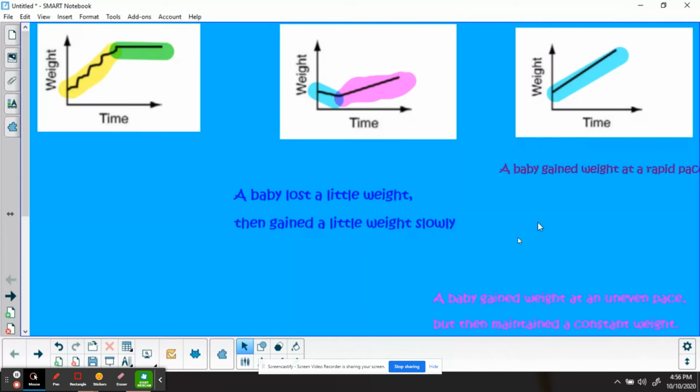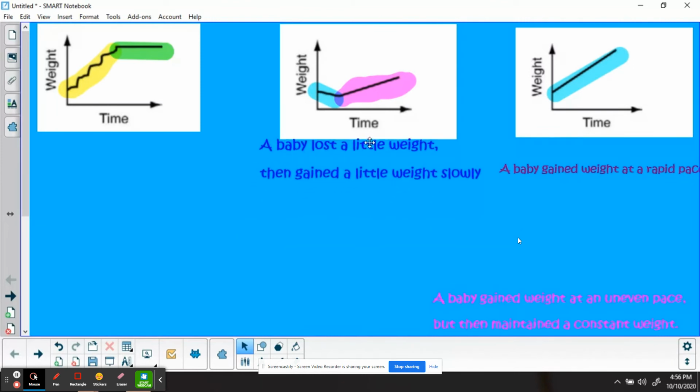So now we need to look for some vocabulary words. It lost weight, so losing weight is a decrease, and it's not a lot but a little, a very small amount. So losing a small amount and then gaining weight slowly matches to this story.